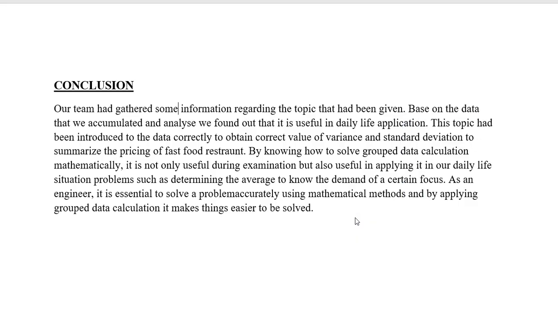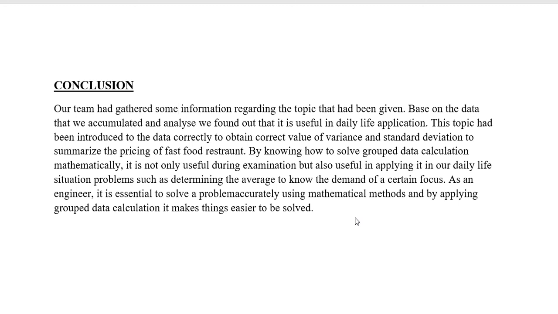That's all. Our team had gathered some information regarding the topic that had been given. Based on the data that we accumulated and analyzed, we found out that it is useful in daily life applications. This topic introduced us to handling data correctly to obtain correct values of variance and standard deviation to summarize the pricing of fast food restaurants.